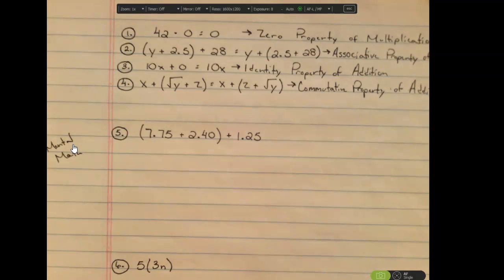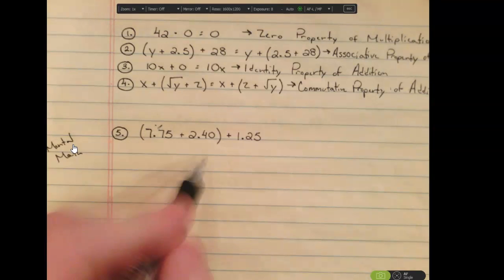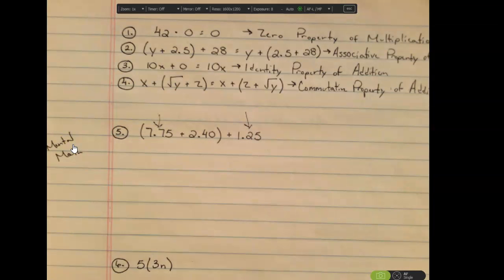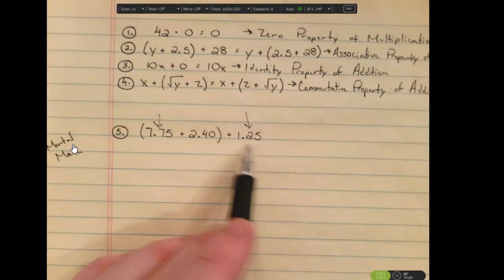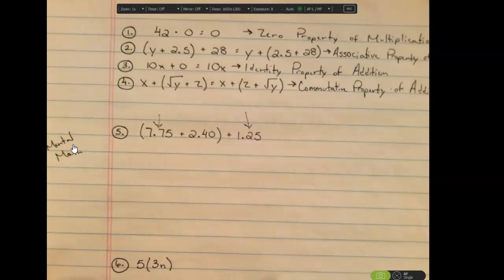So if I look at this problem number 5, and I want to solve it mentally without using a calculator, there's one thing that already sticks out, and that is this 7.75 and this 1.25. They stick out because of their decimals. I know that 0.25 and 0.75 are kind of like quarters. If I add a quarter to 0.75, then I get a next dollar up.